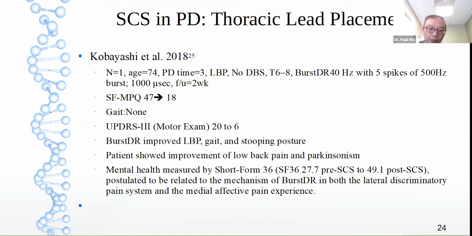Overall, they report improvement in low back pain, gait, and stooping posture. Patients also show improvement of low back pain and Parkinson's. Mental health was reported to be improved based on the Short Form 36 when using the burst DR, and this is postulated to be due to the effect of burst stimulation at the medial affective pain pathway.